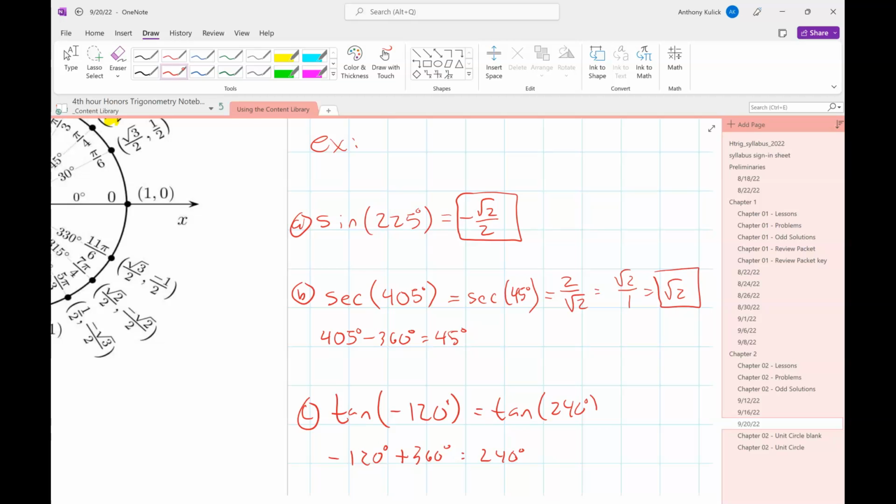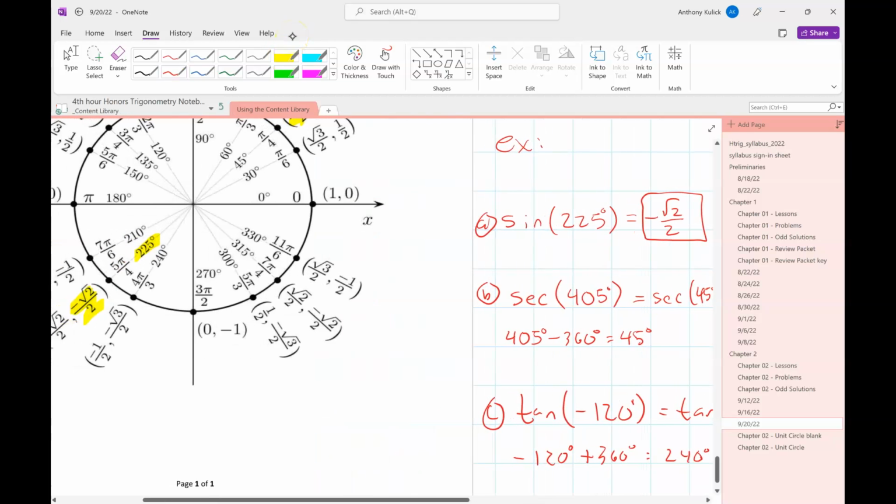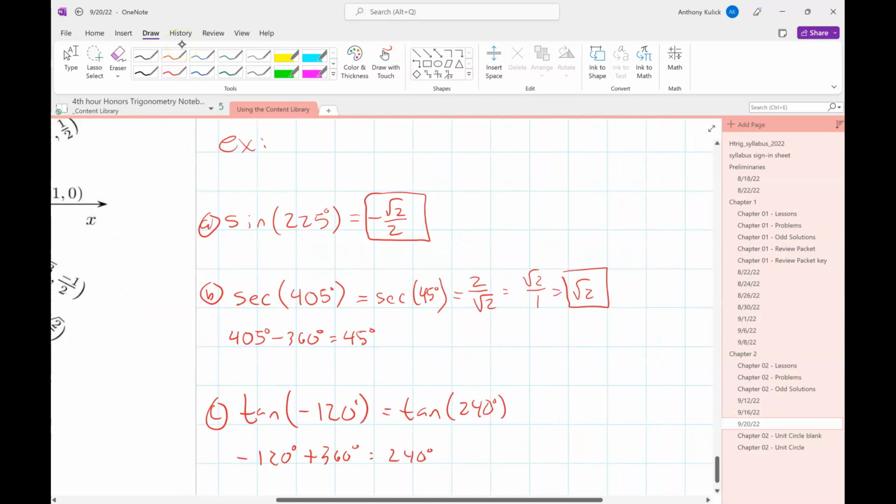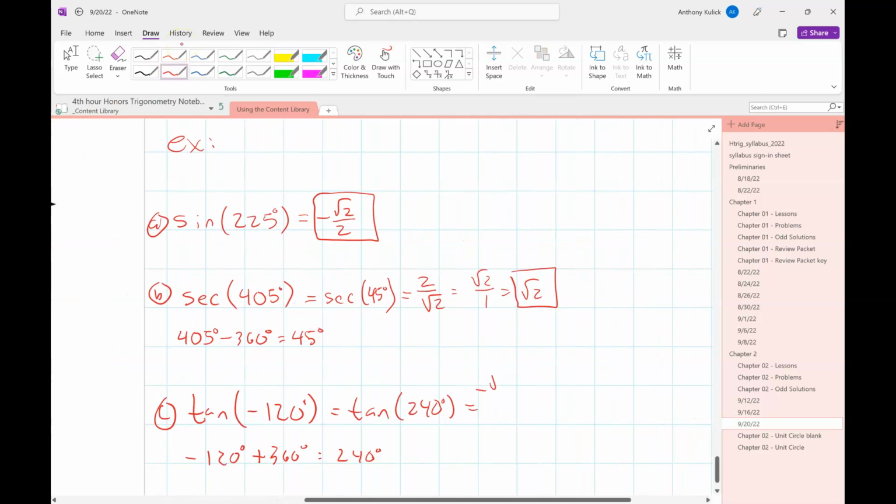That's good enough. So let's locate 240. There it is. What is tangent again? It's y over x. And when I reduce that, I get just root 3 over 1, or root 3.